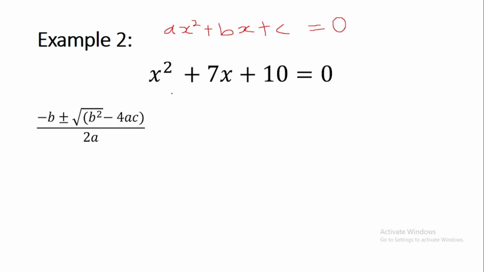Alright, so our a is going to be equal to 1, because whenever we see x by itself, the coefficient is always 1. And b is the coefficient of the x, so the only possibility for b is the 7 right there.